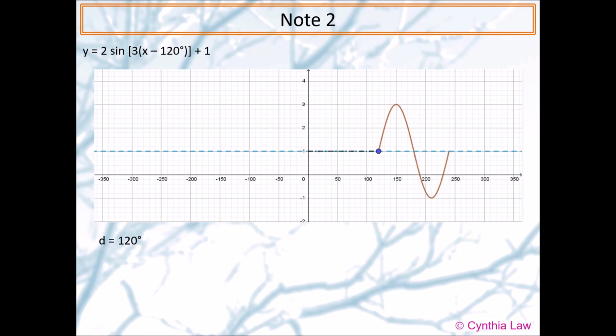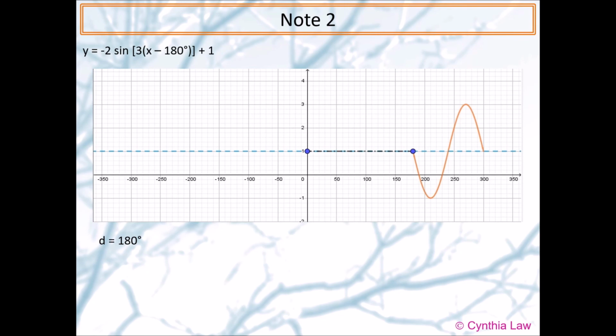For moving the sine positive function one cycle to the right, look at the picture here. Instead of the original one that I used earlier, I'm using this cycle. So when I check, d is 120 degrees. For the negative sine function that is shifted one cycle to the right, d is 180 degrees.